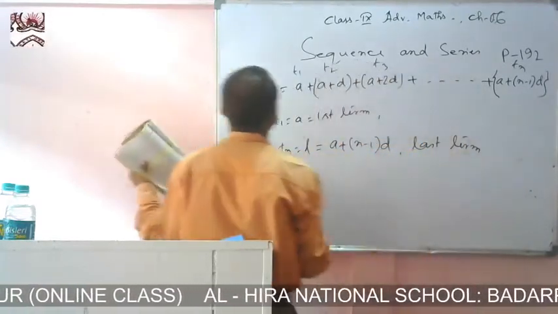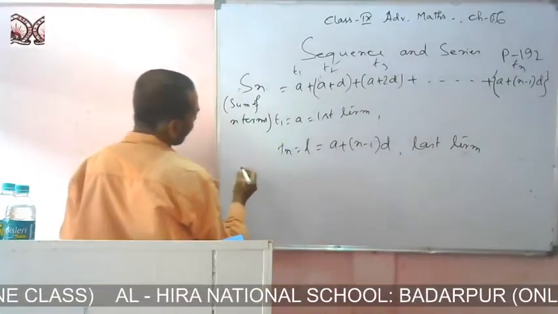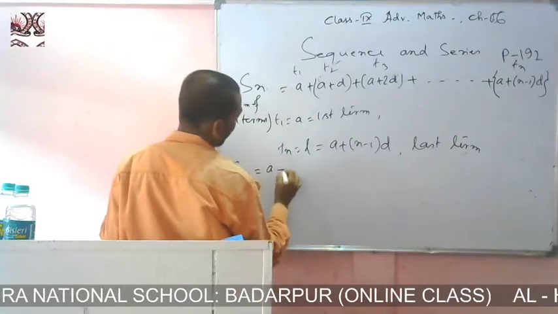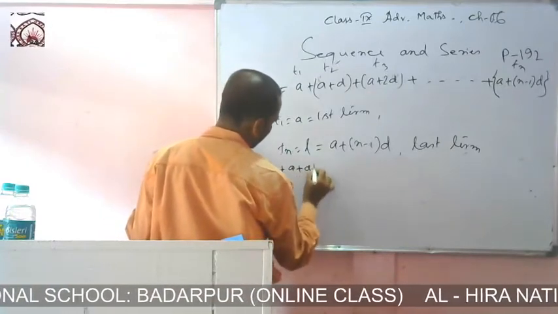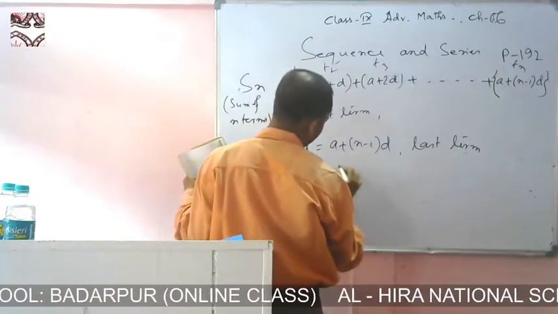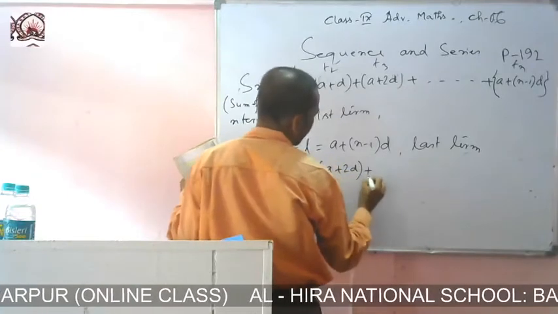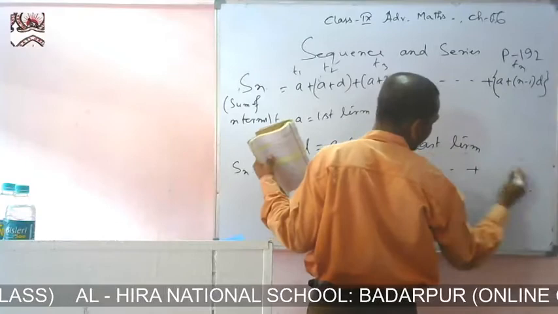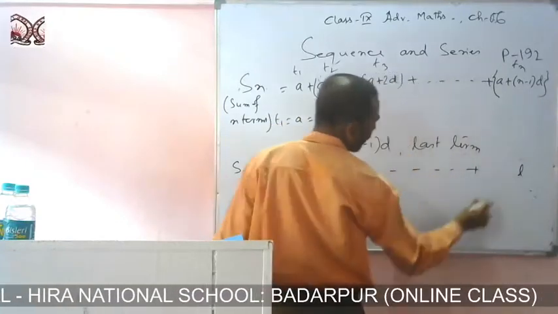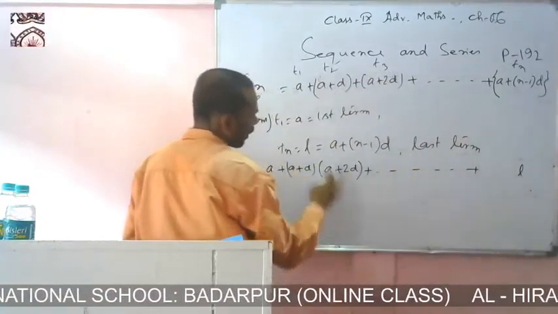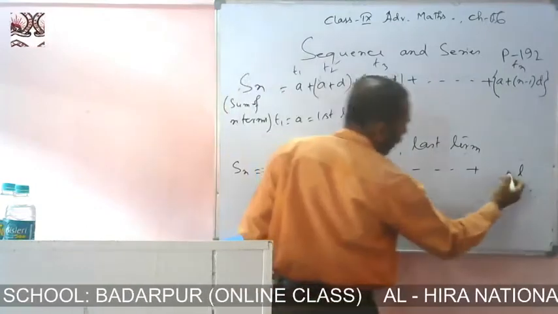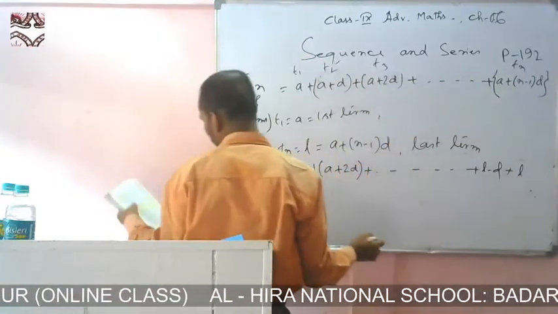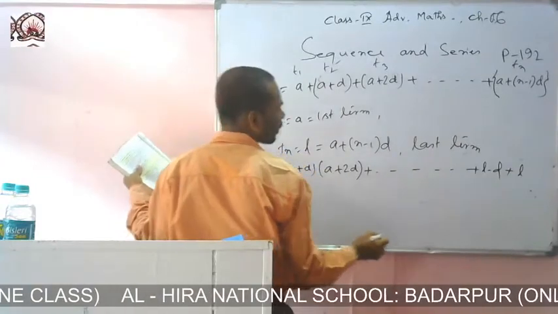So again we write Sn is equal to a, then a plus d, and then a plus twice d, plus dot dot dot, and the last term will be L, and if it is L, then the common difference is d. So before that this number will be L minus d.